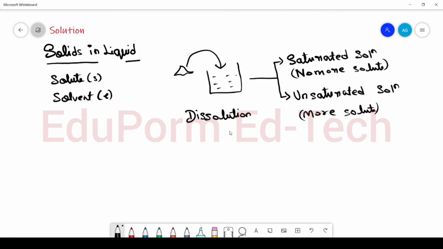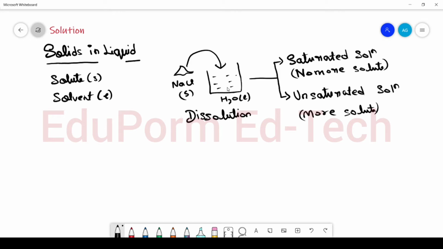Now, what happens after the formation of saturated solution? So, for example, this is NaCl in the solid state, and this is our solute, and this is water in the liquid state, and it is our solvent. So, I am adding NaCl in water. NaCl is getting dissolved.